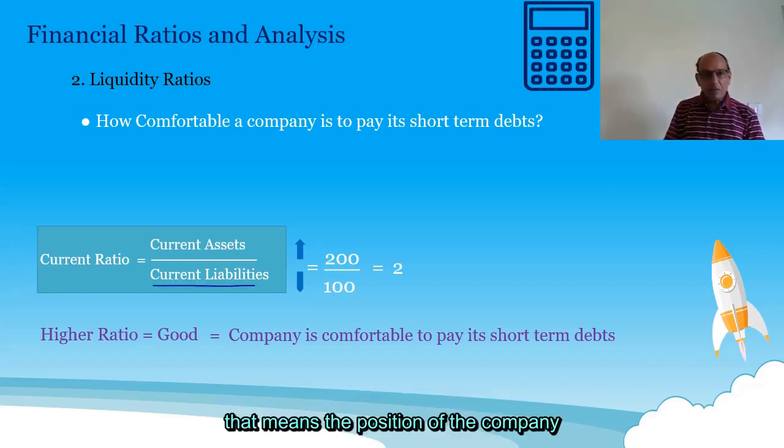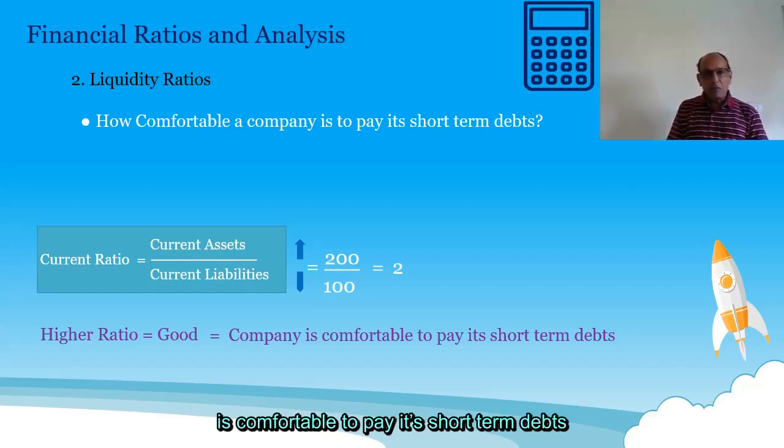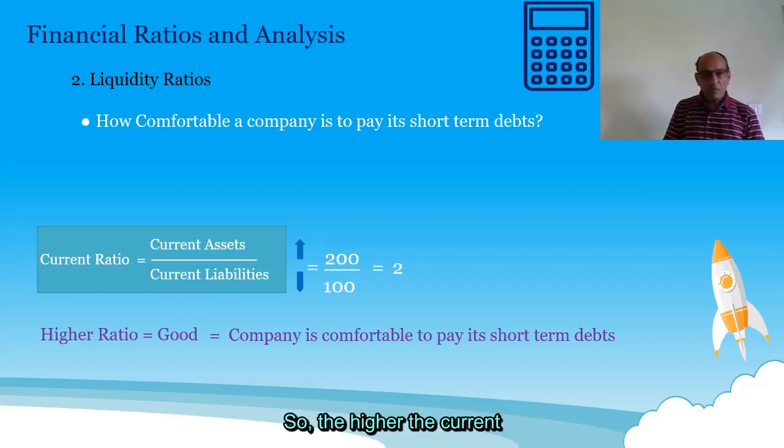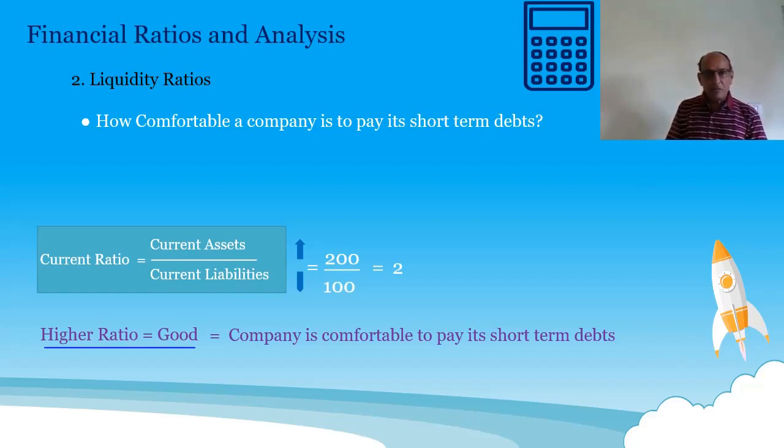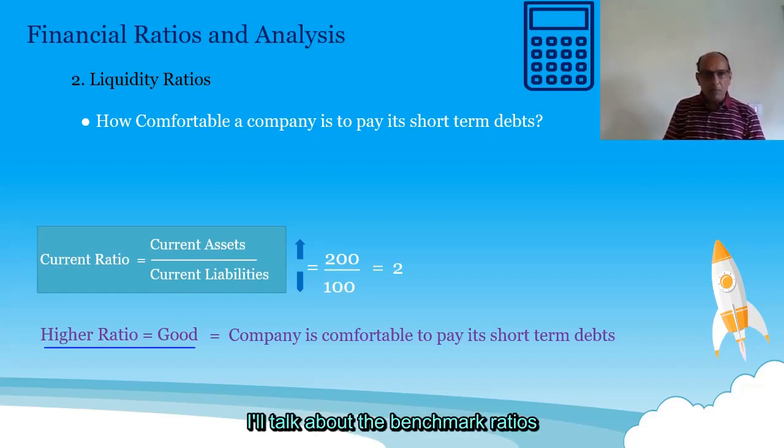That means the position of the company is comfortable to pay its short-term debts. So, the higher the current ratio, the lesser the risk. I will talk about the benchmark ratios in the upcoming videos.